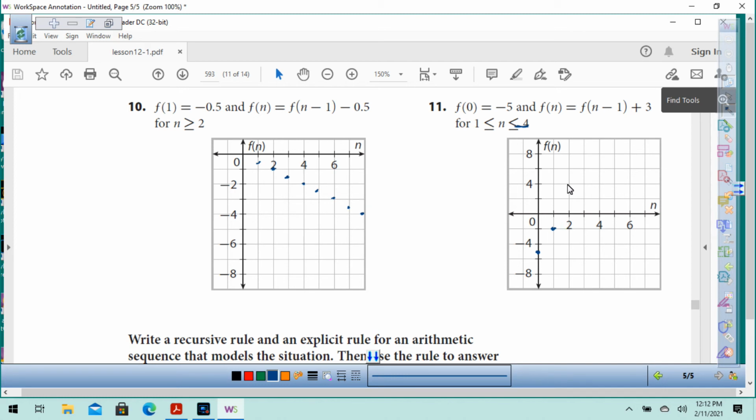Oh, I did that too many. I did 4 on that. 1, 2, 3, and over 1. And there we go. We stopped at 4.